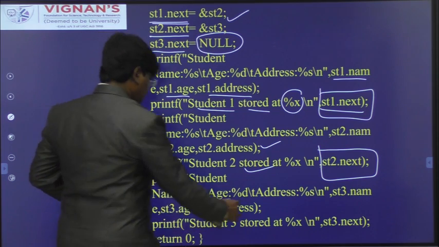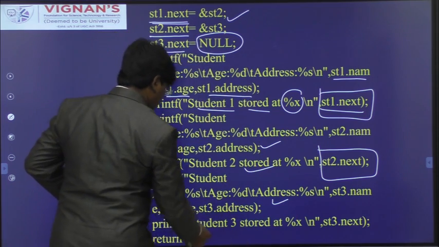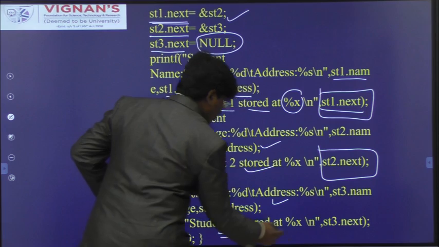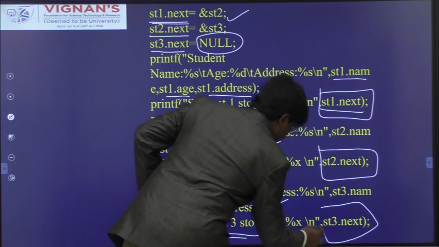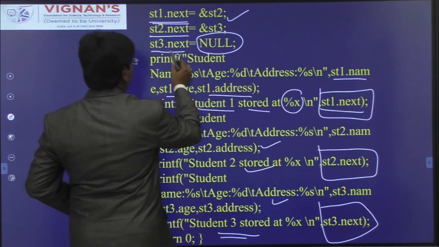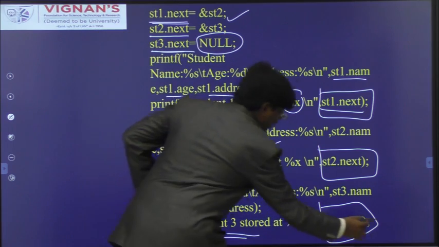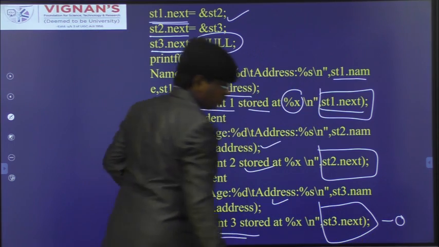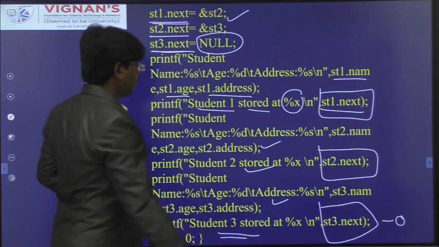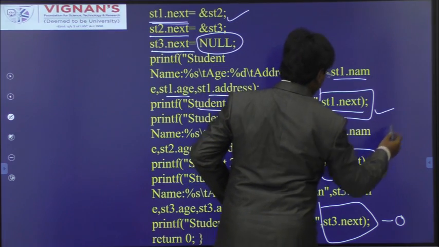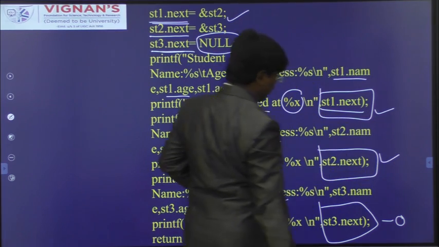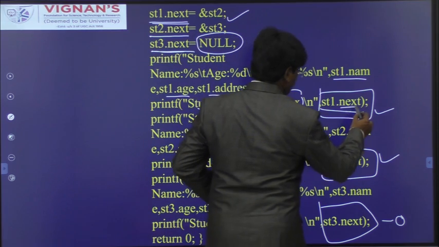Student 3 details I am normally printing, and I am declaring student 3's pointer with the help of st3.next, but I didn't assign any value to st3.next. Simply it will print some null value or 0 or something. But here this will print the student 1 address and student 2 address with the help of the next pointer.